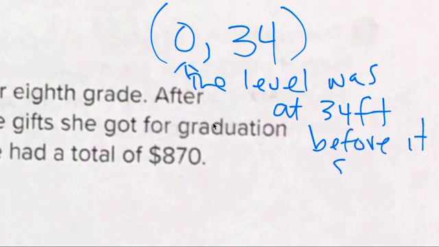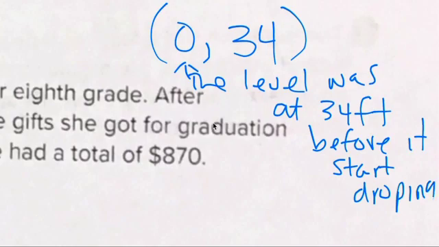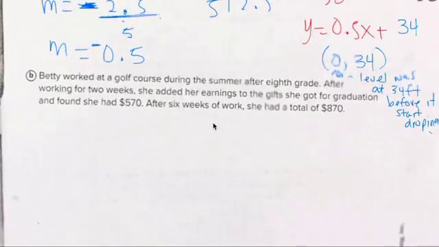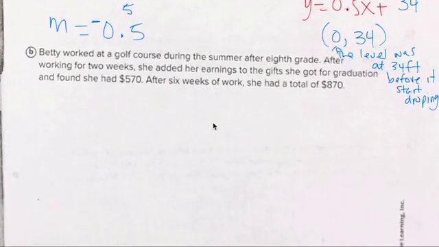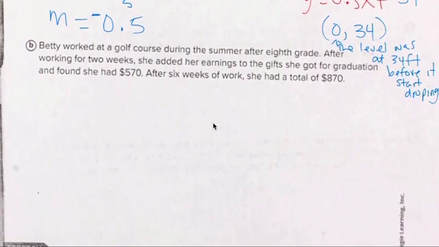Now, Betty worked at a golf course during the summer after 8th grade. After working for 2 weeks, she added her earnings to the gift she got from graduation and found she had $570. After 6 weeks of work, she had a total of this much.